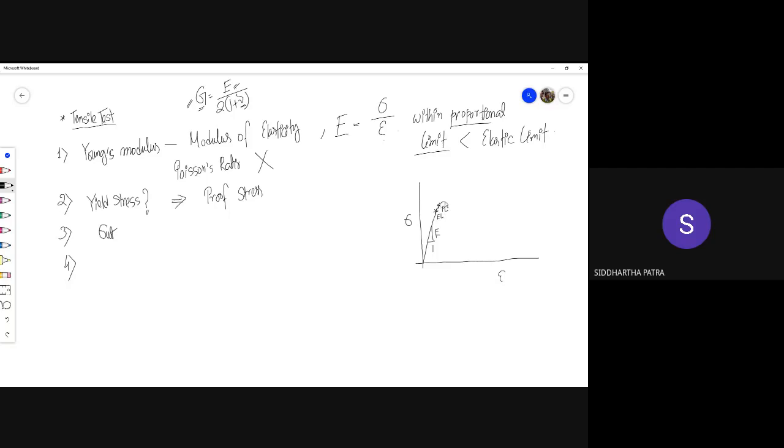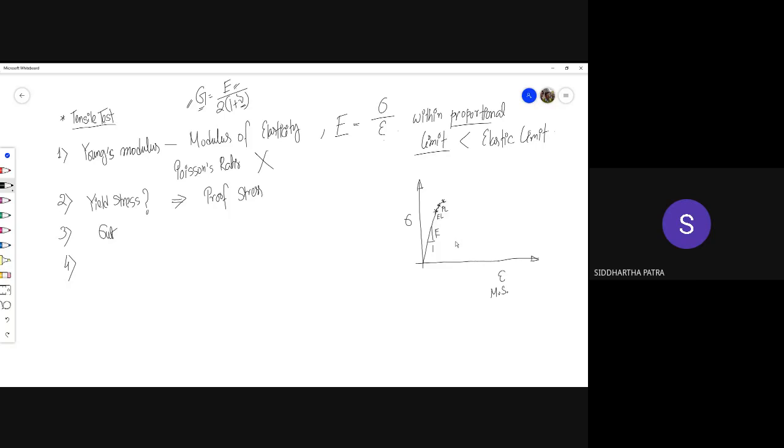Then there is an upper yield point. In today's class we are taking the example of mild steel, and the stress strain curve that I'm trying to draw here is for mild steel.